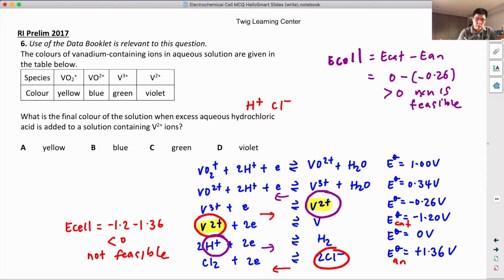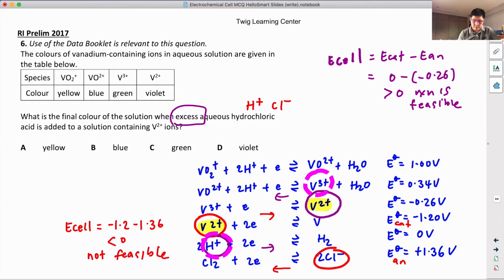But the question says you have excess H+. So after V2+ becomes V3+, we can consider one more part, which is V3+ and H+. Let's calculate my E cell now with V3+ and H+. You will realize that E cell will now be negative.